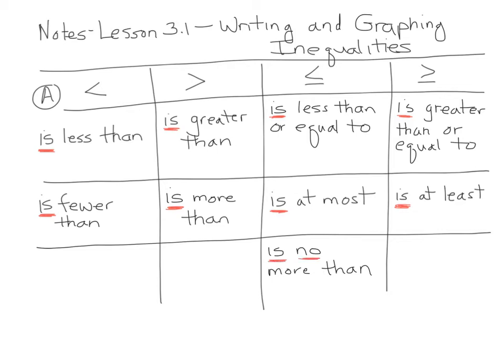And you can probably guess this last one could be translated as is no less than. Okay, so these are kind of tricky, especially these last ones. So just leave your notes out when you're doing your homework, and you can look up what these translations mean. Alright, so there's your chart of translations.